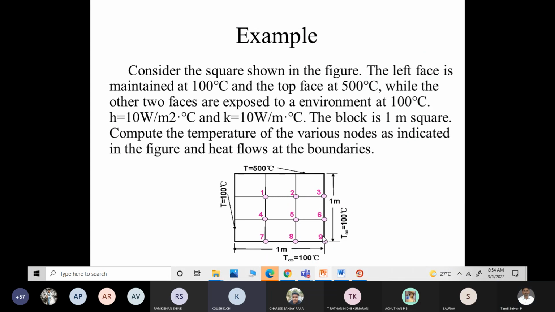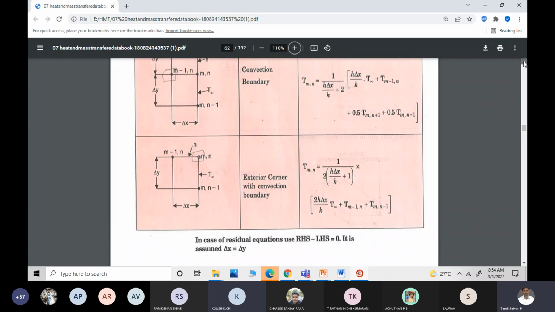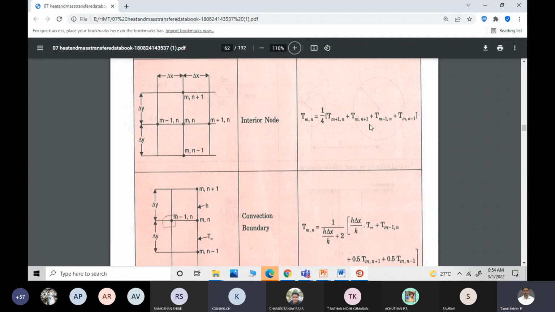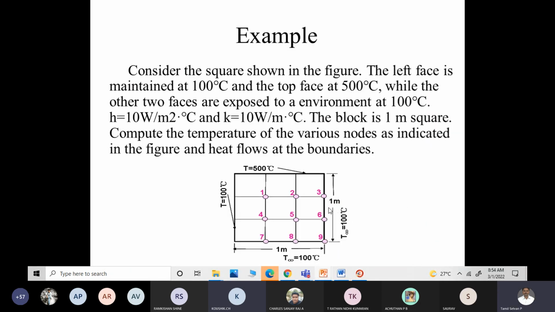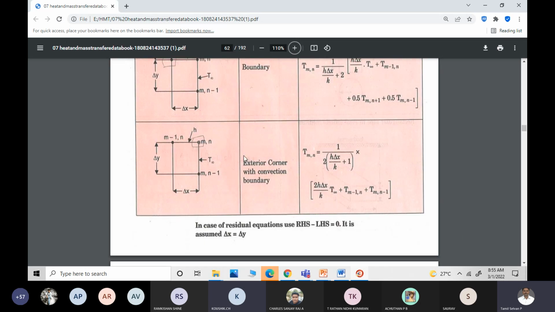Is it fine? So for 1, 2, 4, 5, the first equation; for 3, 6, 7, 8, the second equation; and for point 9, the third equation.